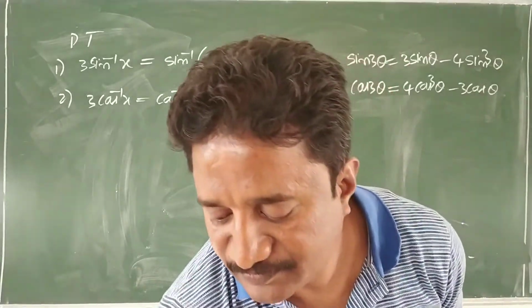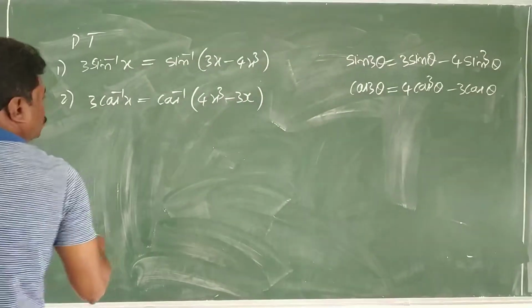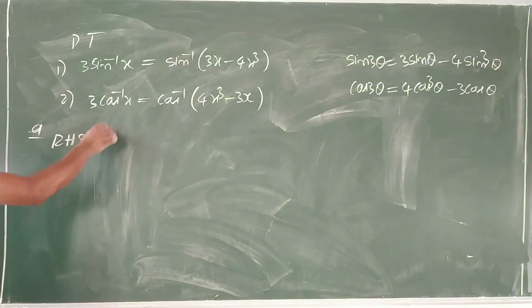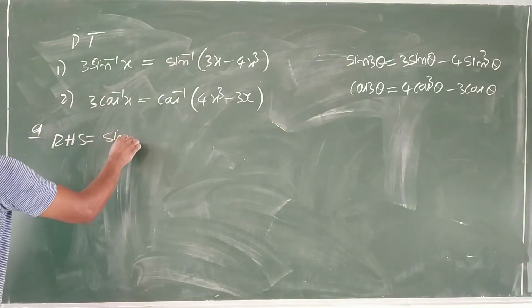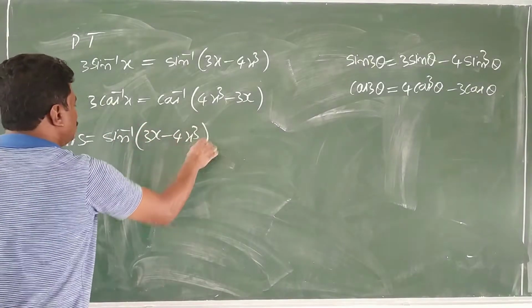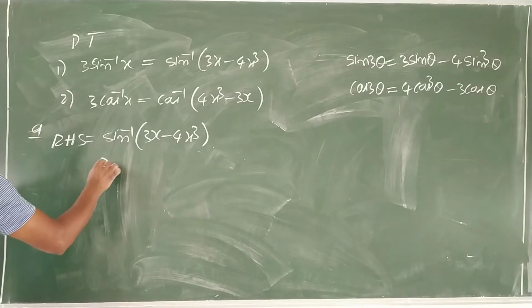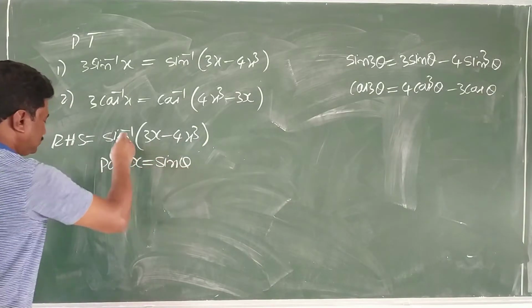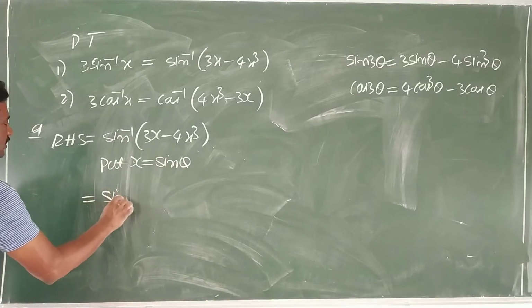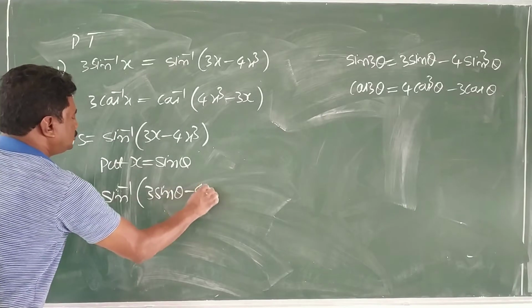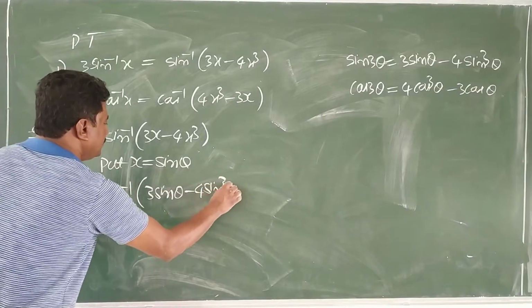Right? First one. Let us go for proving the first one. RHS. What is RHS? Sin inverse of 3x minus 4x cube. Put x is equal to sin theta. Substituting that, sin inverse of 3 sin theta minus 4 sin cube theta.